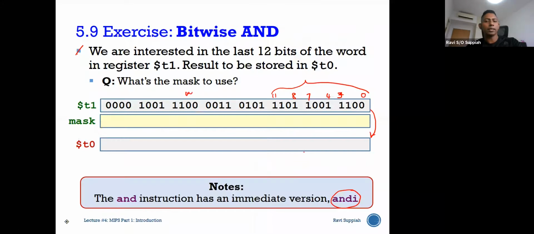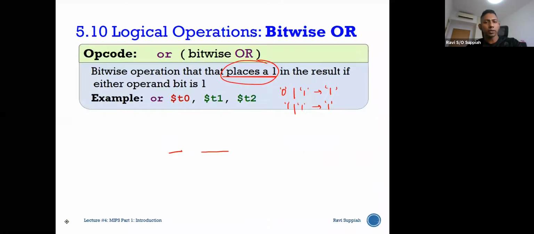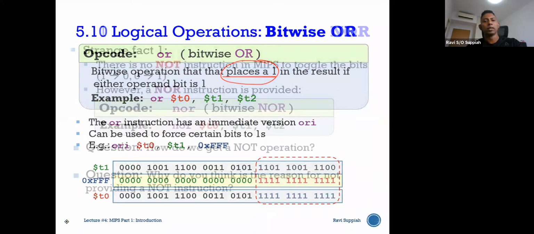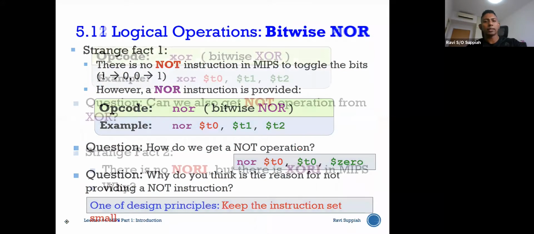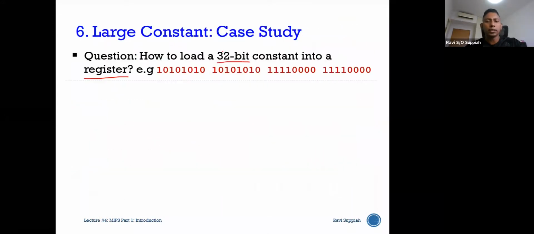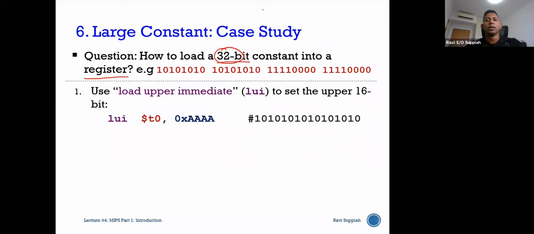Why is that an important thing to look at? Because we must understand that all our registers are 32-bit, which means all my instructions, the add instruction, AND instructions, OR instructions, are also 32-bit.